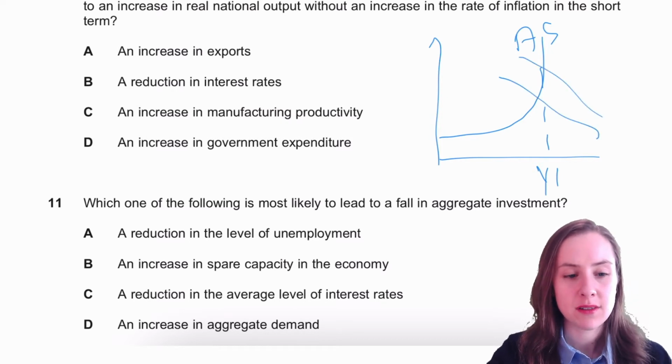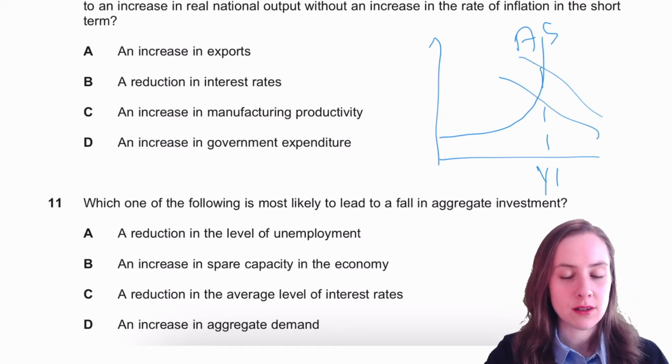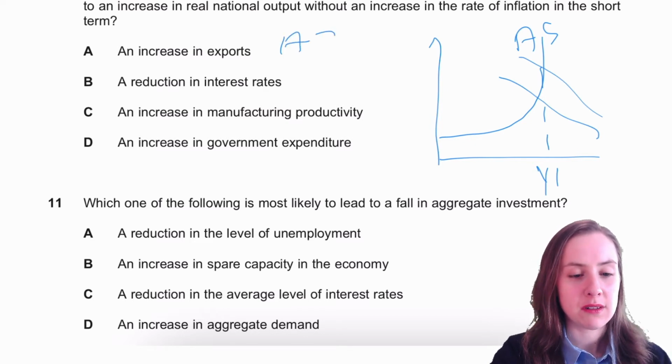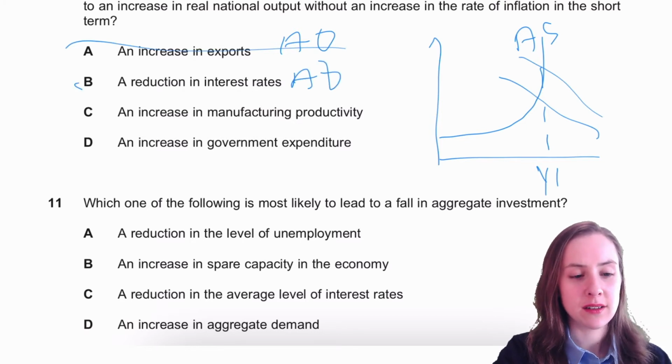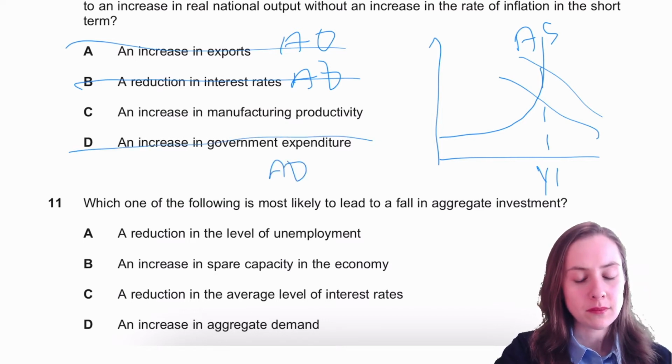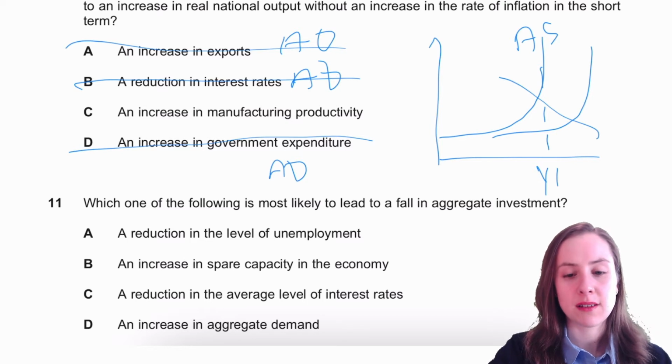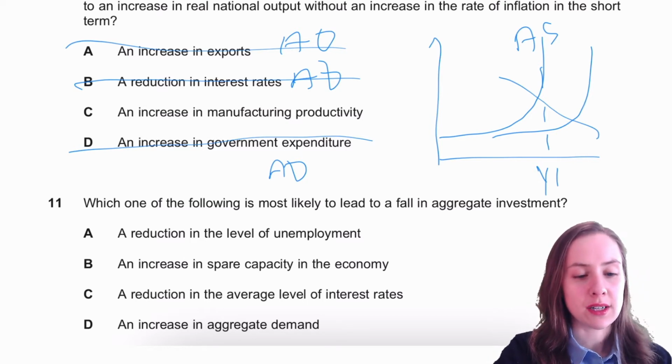So let me just get rid of that. Exports increases AD. Reduction in AD. Government expenditure, AD. Manufacturing productivity, yeah, that's going to shift your AS. So you'll end up getting more output given an AD curve, and you won't get the inflation.